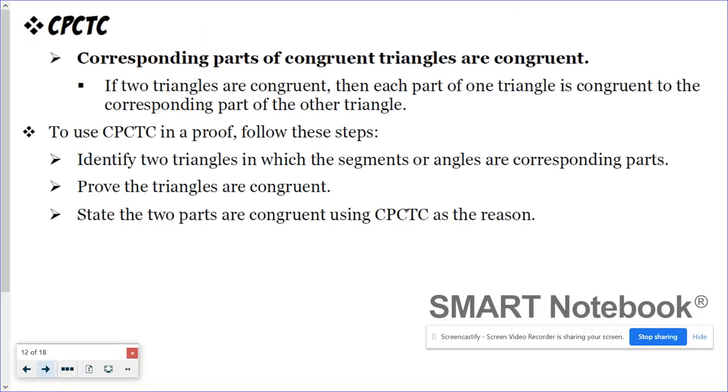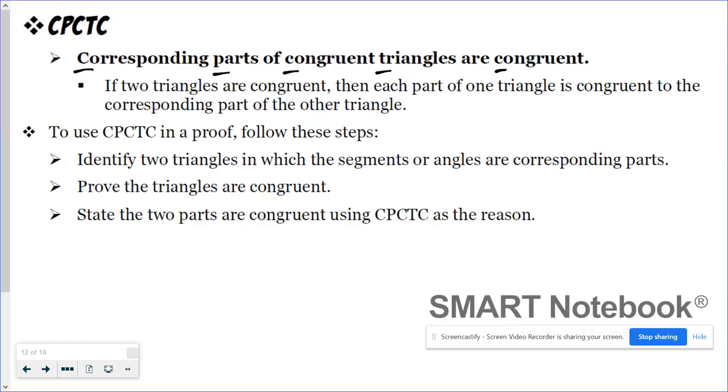So this brings us to CPCTC, which stands for corresponding parts of congruent triangles are congruent. So if two triangles are congruent, then each part of one triangle is congruent to the corresponding part of the other.